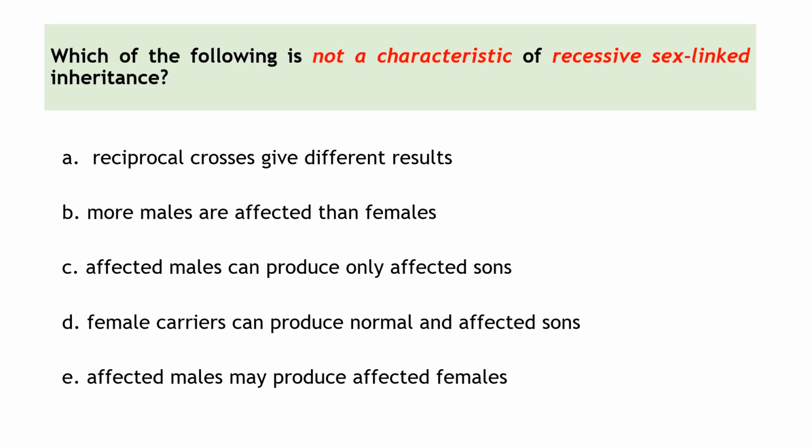Okay, so now another question related to crosses and inheritance. Let's read it together. Which of the following is not a characteristic of a recessive sex-linked inheritance? Remember, we need to remember what a recessive sex-linked inheritance is.